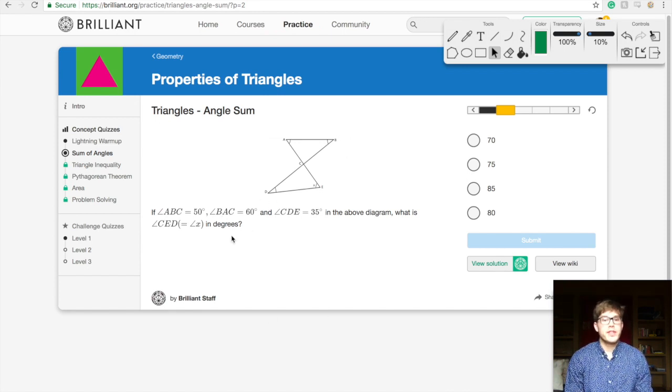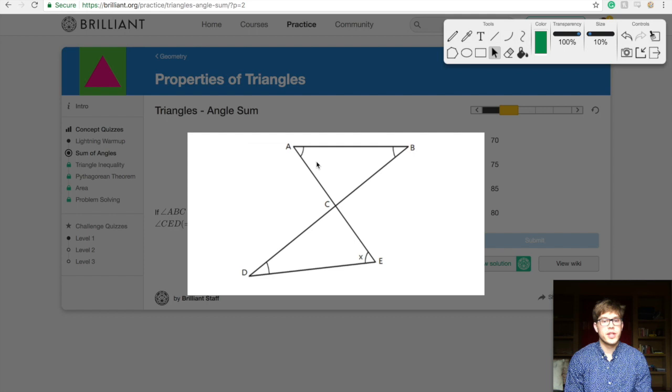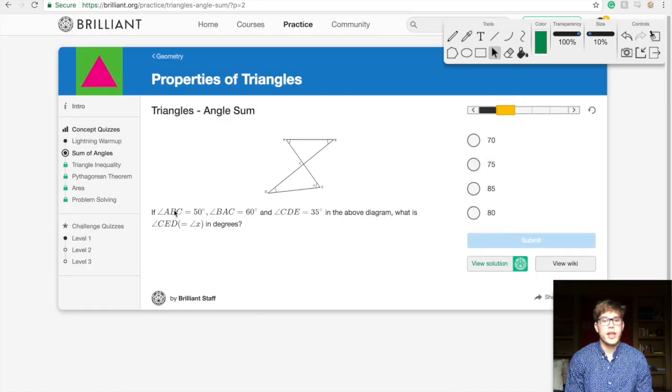If angle ABC is 50 degrees, BAC is 60 degrees. All right, so we see this angle is equivalent to this angle, and is equivalent to this angle x. So we have angle ABC is 50 degrees.